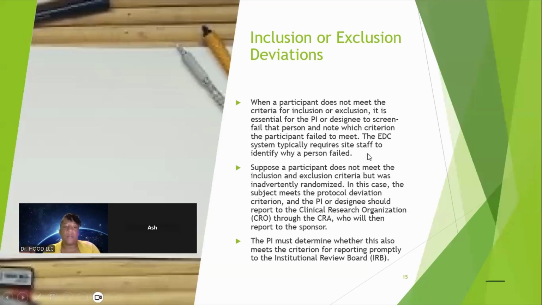Those are the three entities that are supposed to catch it: first the site, then the CRA, then data management. If all 3 of them fail, we need to find out why. It's probably going to be a quality issue that needs to be created, and a CAPA, corrective and preventative measures, put in place to prevent this from happening again.